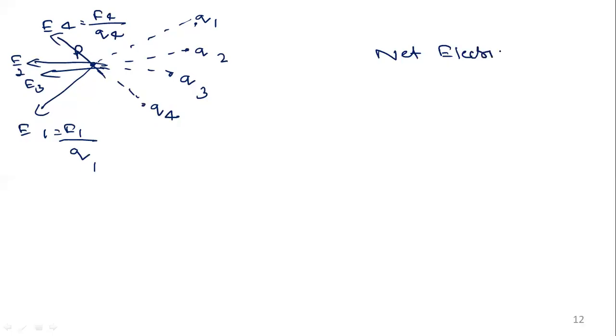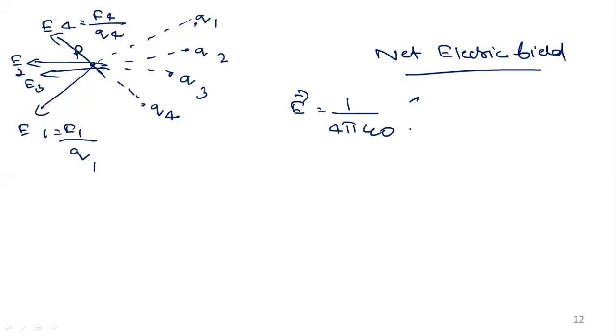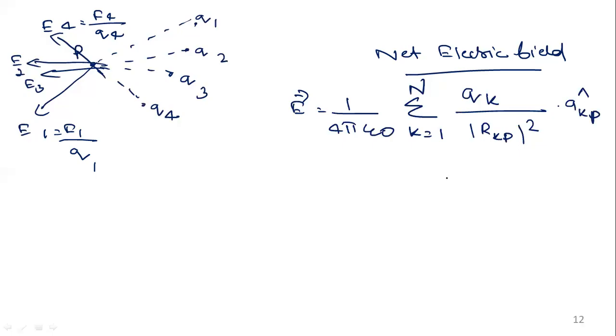The electric field E is equal to 1 by 4 pi epsilon 0 sigma k is equal to 1 to n, if it has n number of charges, here n is equal to 4, Qk divided by rkp the whole square into akp, that is the direction.